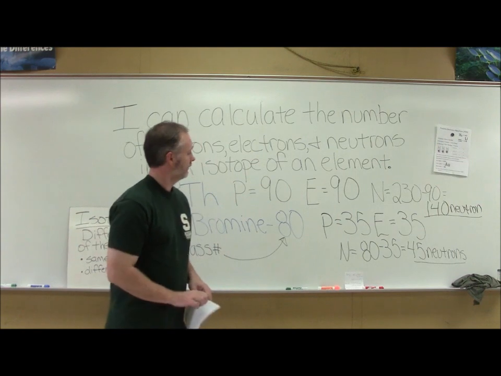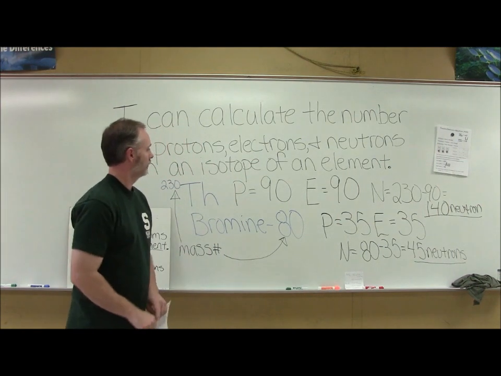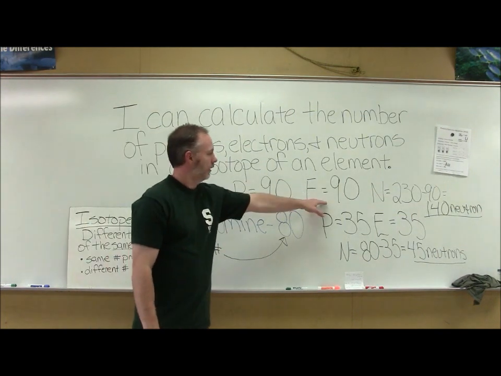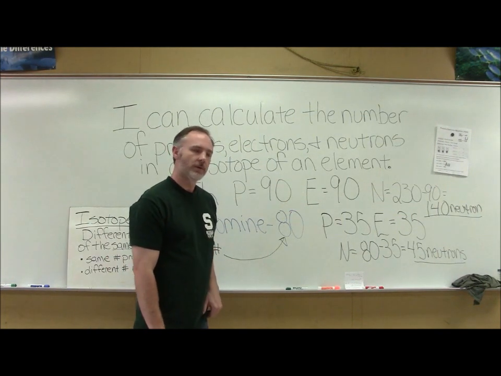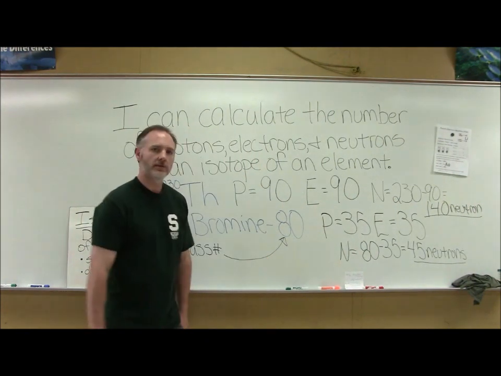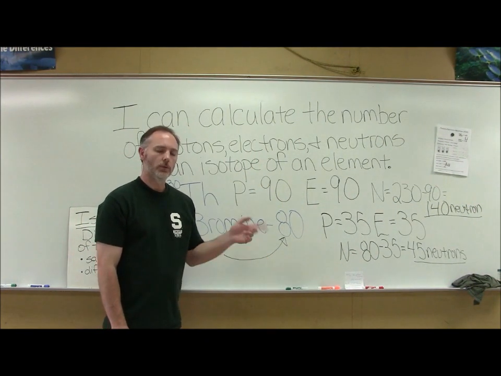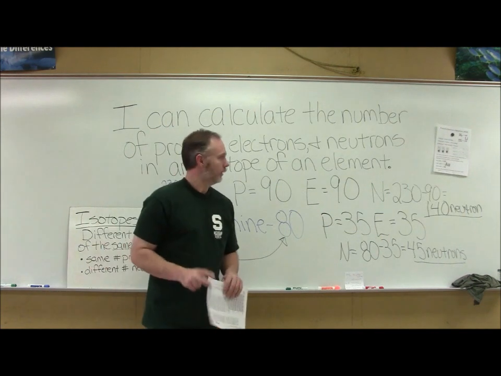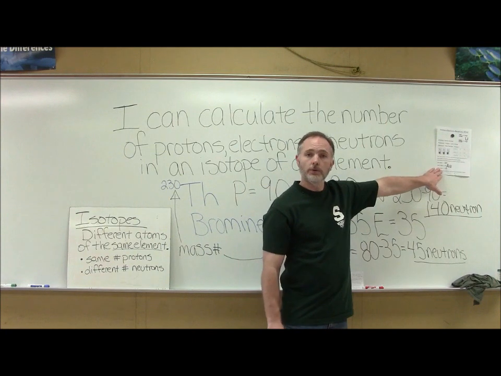And that's all there is to it. When you have neutral atoms, protons is the atomic number, electrons is the same as your protons, and then your neutrons is your mass number minus your atomic number. So let's do one example where there's an ionic charge, and I will see your homework tomorrow when you come in.